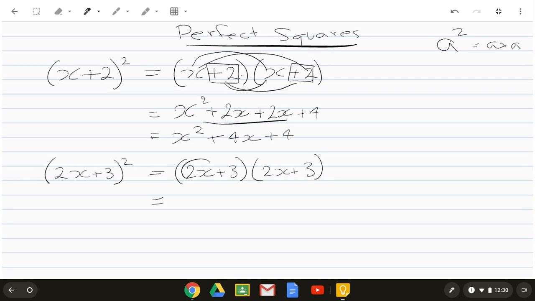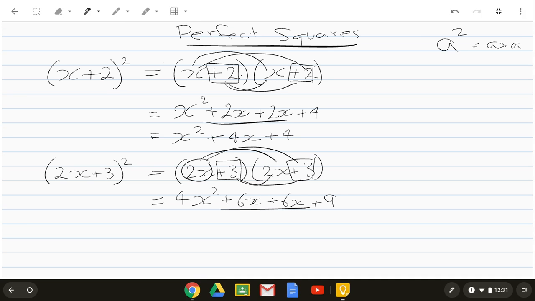So 2x times 2x, 2 times 2 is 4, x times x is x squared, 2x times plus 3 is plus 6x, and we take our 3 and multiply it by 2x is plus 6x, and 3 by plus 3 is plus 9. And we collect our like terms, and we have 4x squared plus 12x plus 9.